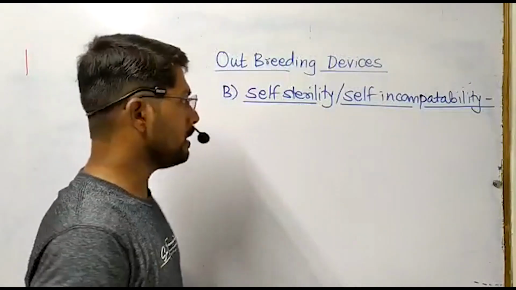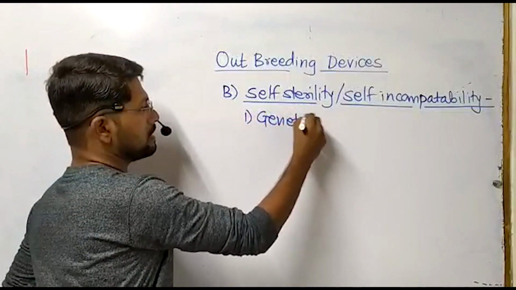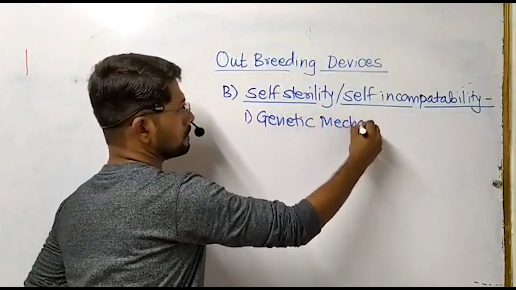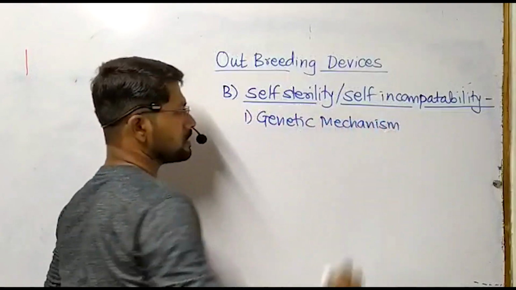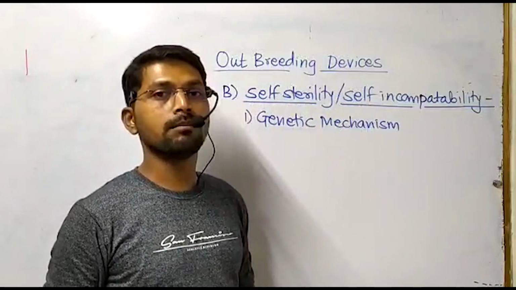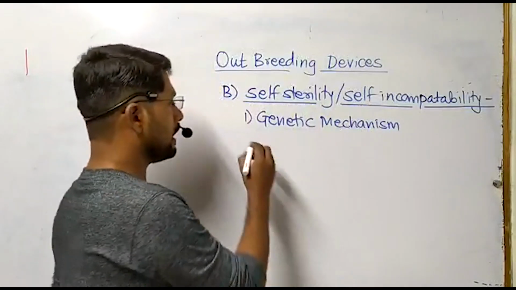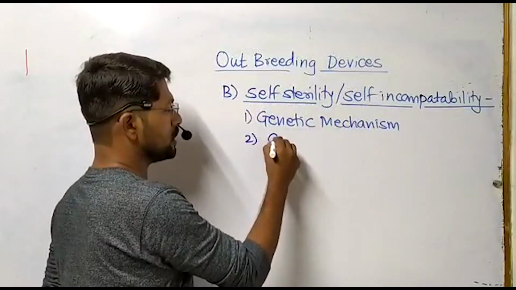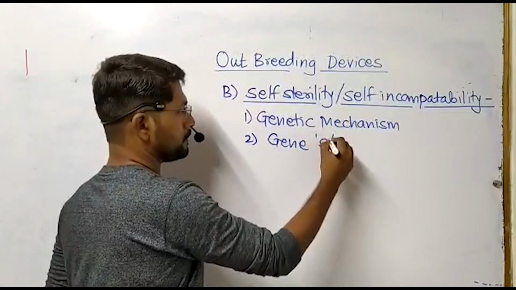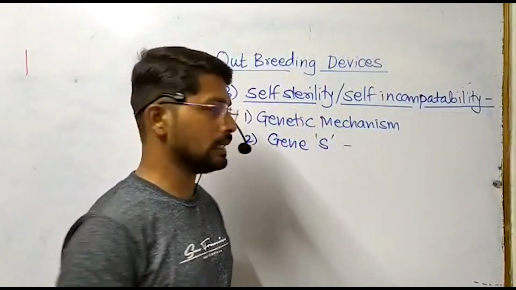Now, self-sterility or self-incompatibility is a genetic mechanism. It is considered a genetic mechanism because self-sterility or self-incompatibility is controlled by a single gene, and the name of the gene is gene S. This gene S is a multi-allelic gene.